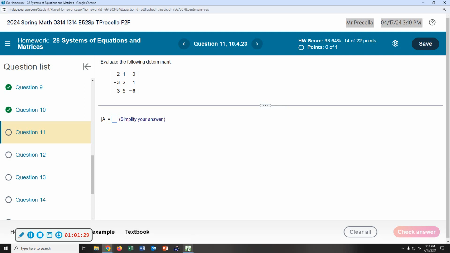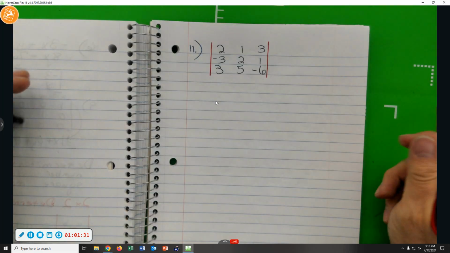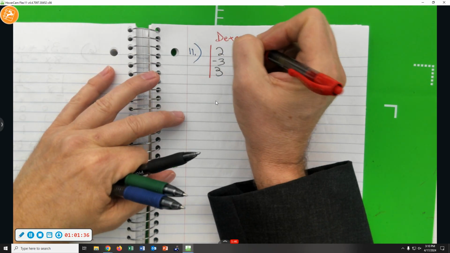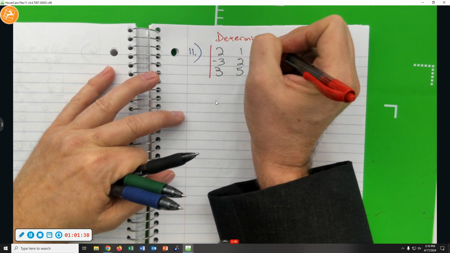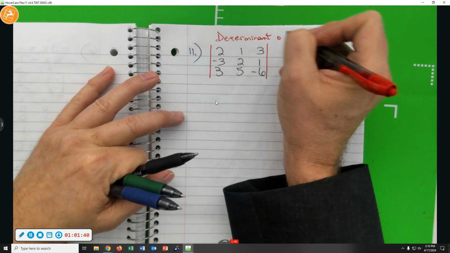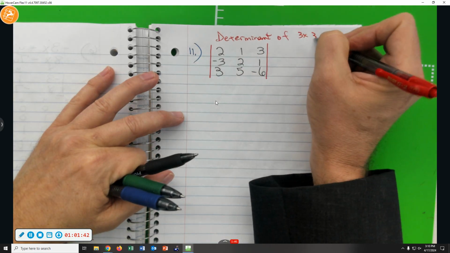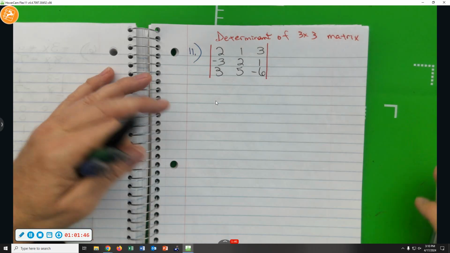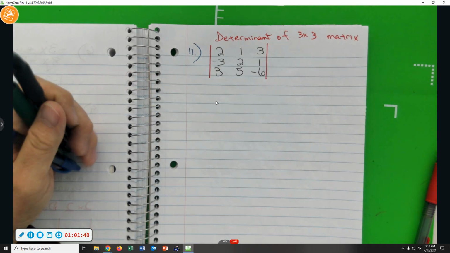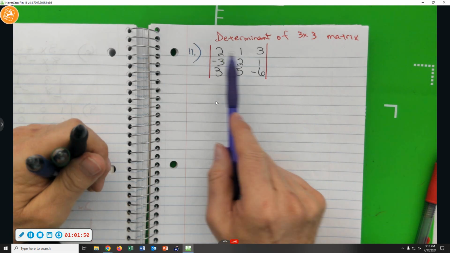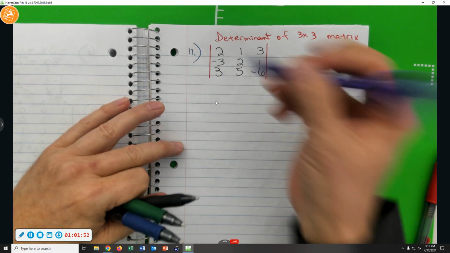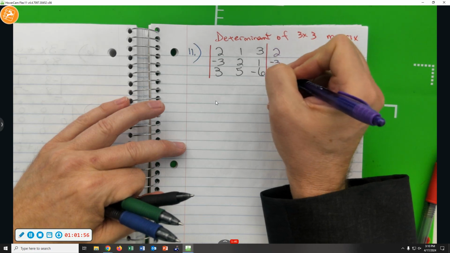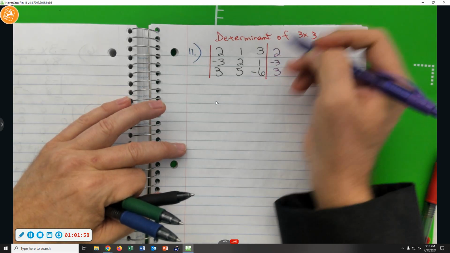Okay, let's switch over to my paper. We're trying to find the determinant of a 3 by 3 matrix. The first thing you do is recopy the first 2 columns: the 2, negative 3, 3 you write beside here, and the 1, 2, 5.